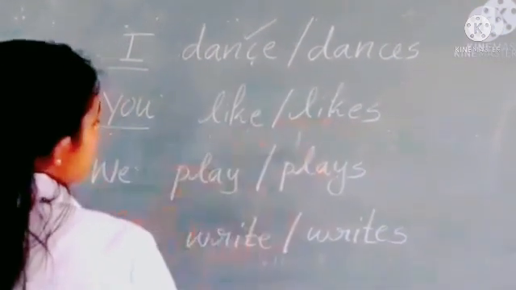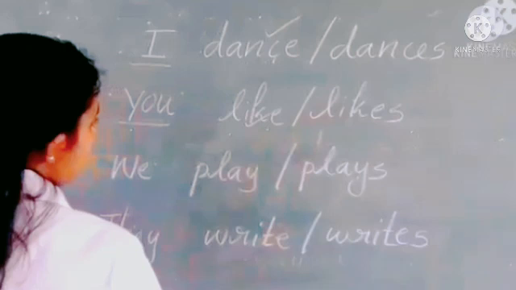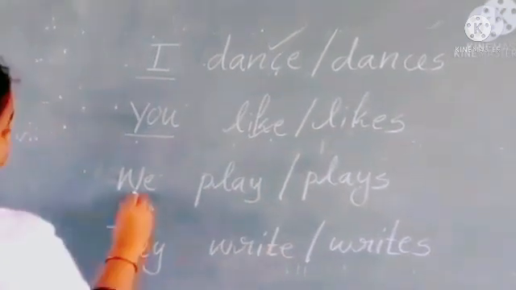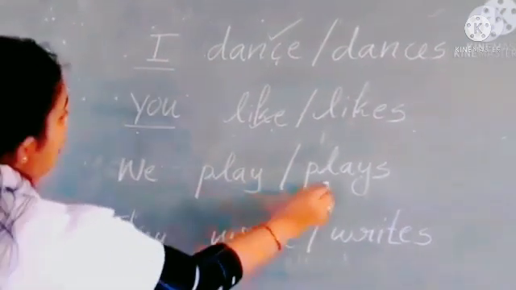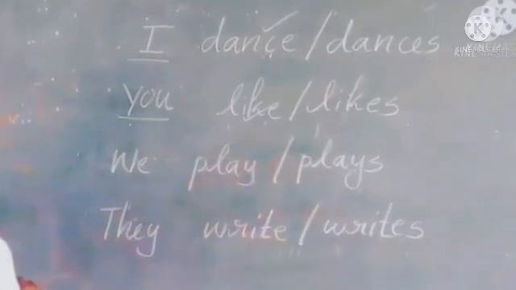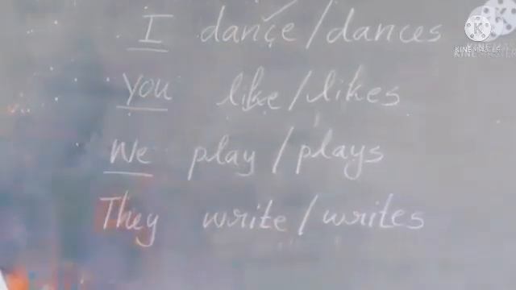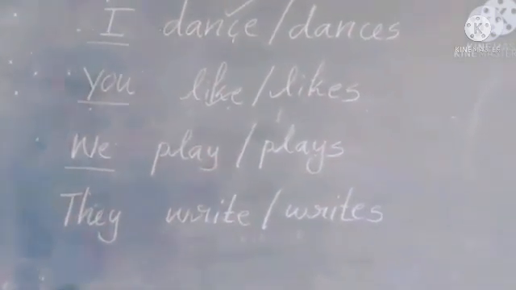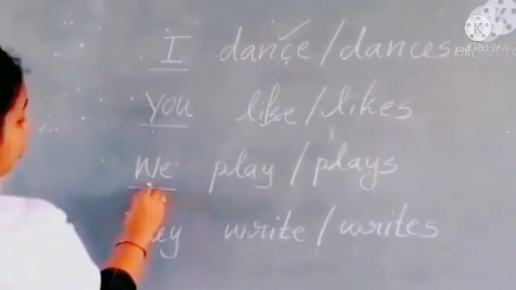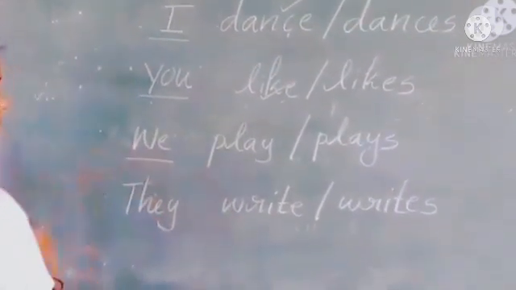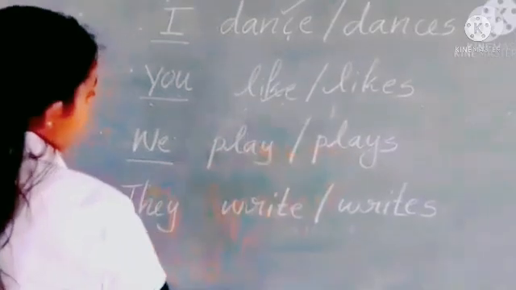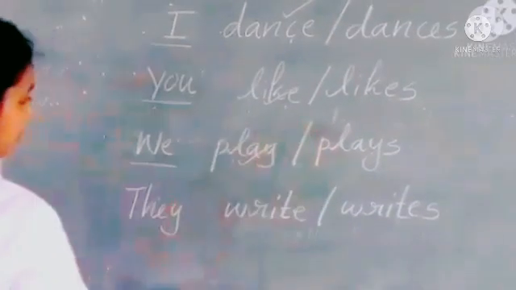Like or likes? Like. This is the right answer. And the next one, we play or plays. Here which is the pronoun? We is the pronoun. We is singular or plural? We is a plural pronoun. So which is right? Play or plays? Play is the right answer.